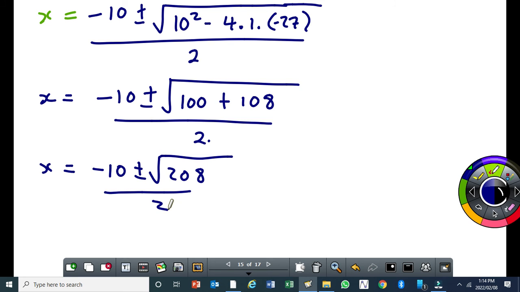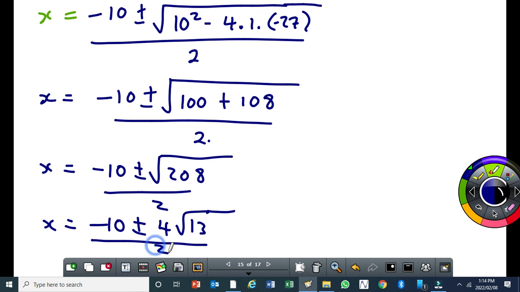So is it possible to split the 208 into the product of a perfect square and a prime number? What would be the answer there? Minus 10 plus or minus 4 square root of 13, all over 2.